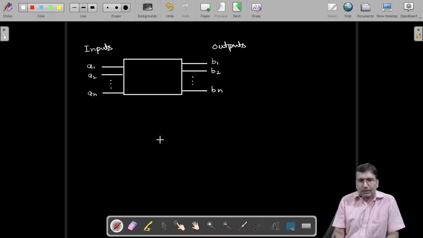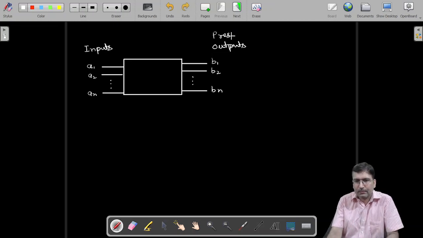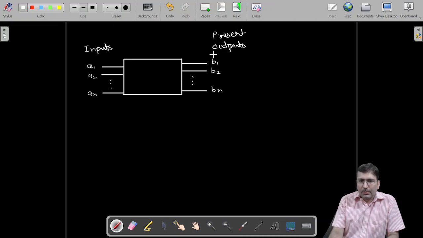If the circuit is a combinational circuit, the present output, or current output, will be dependent on the present input only. So whatever was the previous output, it doesn't affect the present output or current output, right?